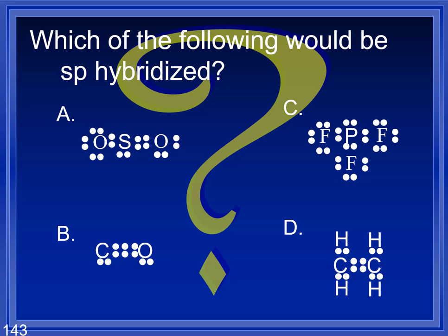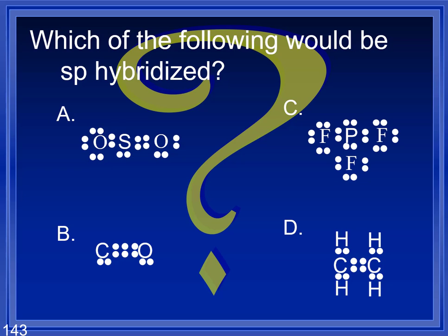Which were those? Two ways of looking at it. You can either look at it as it's sp, I need 2 places to put electrons, or it's sp, I've got 2 p orbitals I haven't used yet.